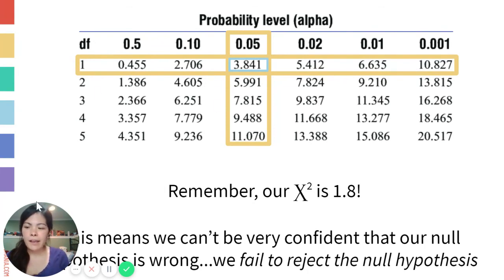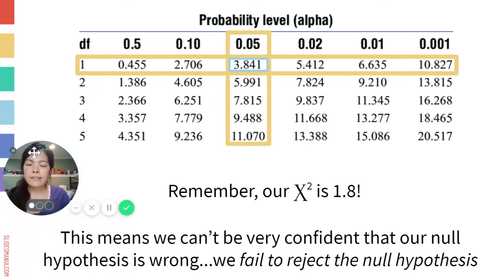So what we say, if this is the case, is that we fail to reject the null hypothesis. We can't exclude the idea that Biotown is actually 50-50, and just because of variation, we got a sample that's a little bit skewed. So we fail to reject the null hypothesis.